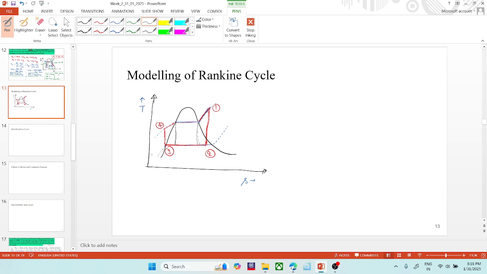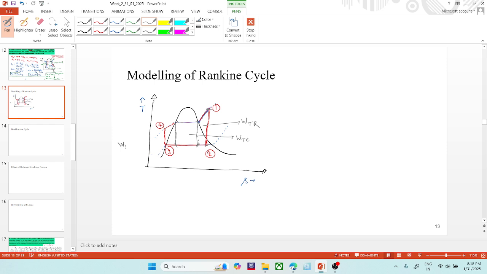So comparing the Carnot and Rankine cycle, this is the turbine work in the Rankine cycle, and this is the turbine work in the Carnot cycle. Simply you can see that the Rankine cycle work would be much higher than the Carnot cycle work. And this is the pump work in the Carnot cycle, and this is the pump work in the Rankine cycle.